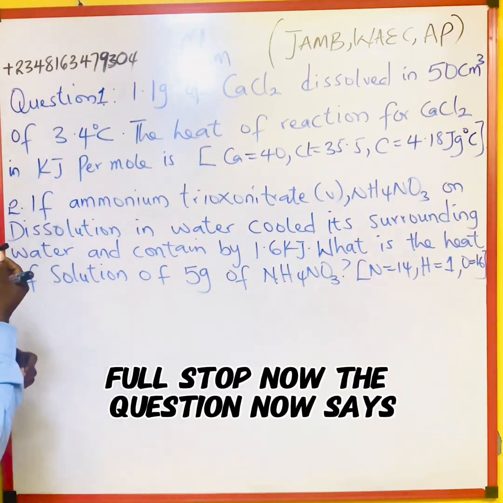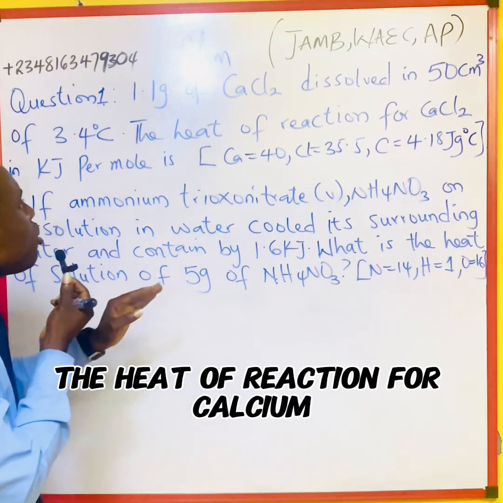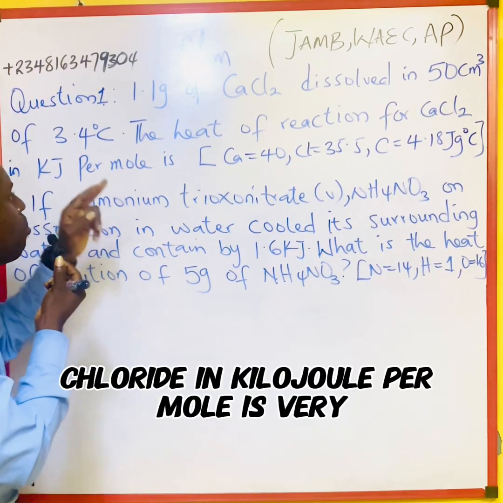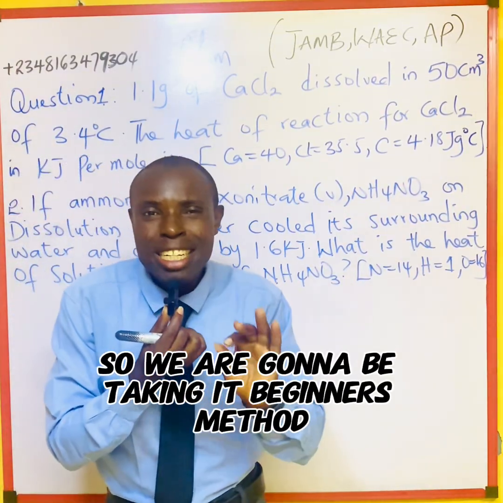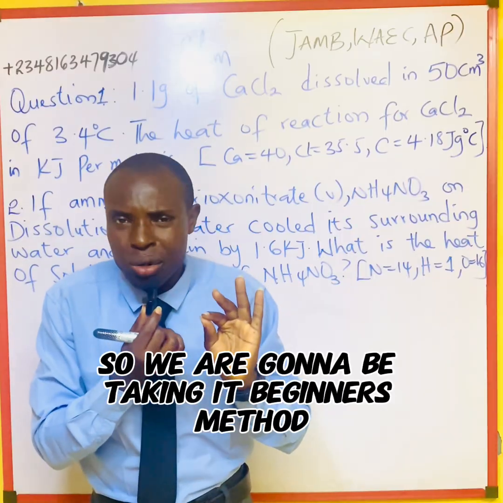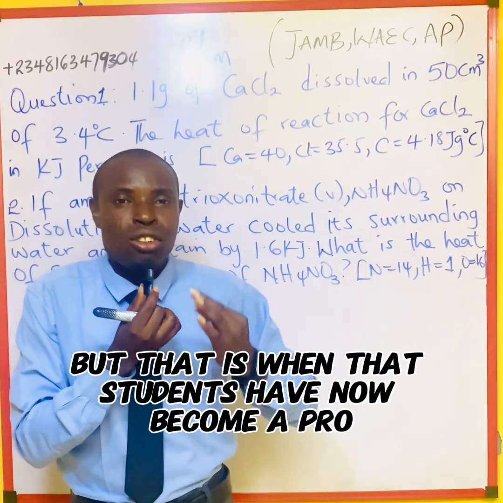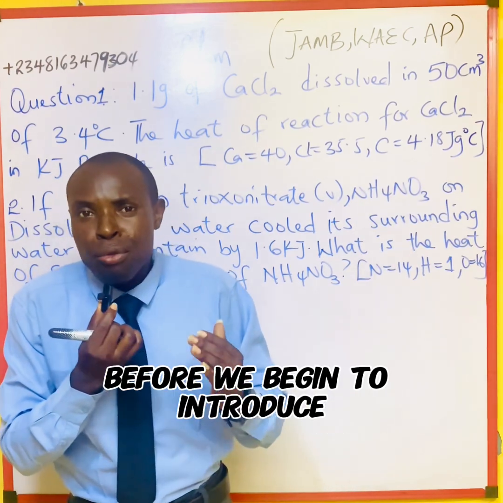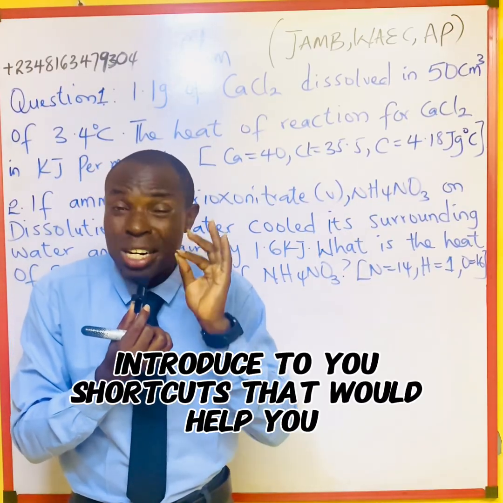Full stop. Now, the question says find the heat of reaction for calcium chloride in kilojoule per mole. It is very, very simple, so we are going to be taking it by the beginner's method. Even though I have a shorter method, that is for when students have become pros, before we introduce shortcuts that would help you.